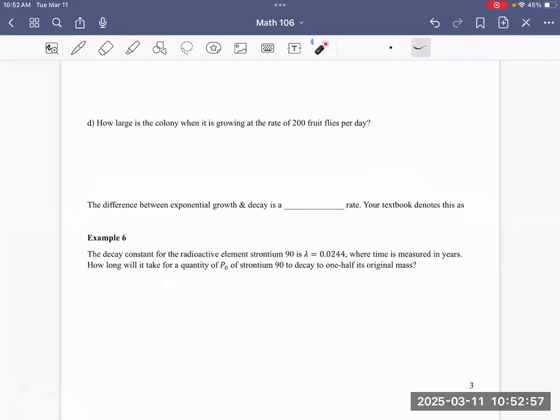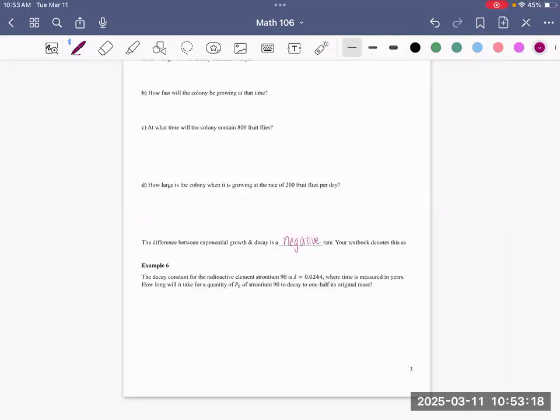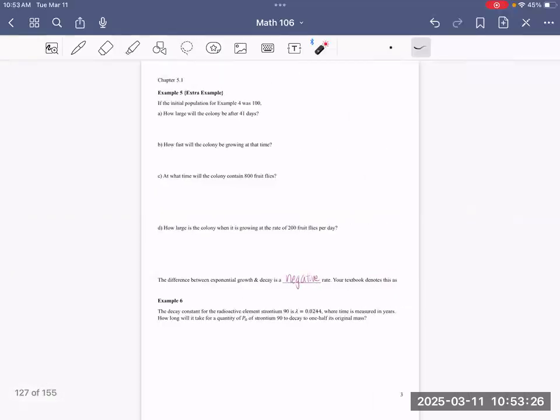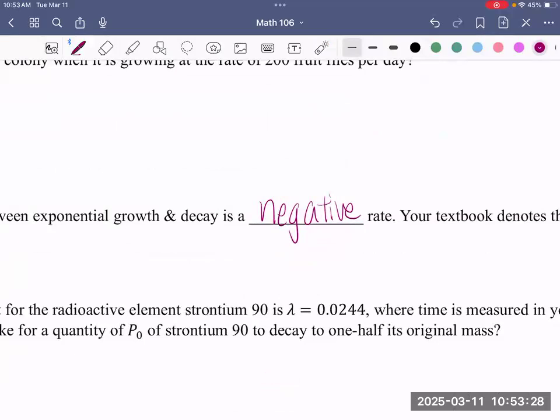And actually right before example 6, it says the difference between exponential growth and decay is that your exponent is negative. That is, your rate is negative, right? If we're falling, if we're decreasing. Now, we can still use the same exact formula over here, right? It's just your k value is going to be negative. Your textbook, however, shows that it has a different variable, which doesn't matter in the big scheme of things.